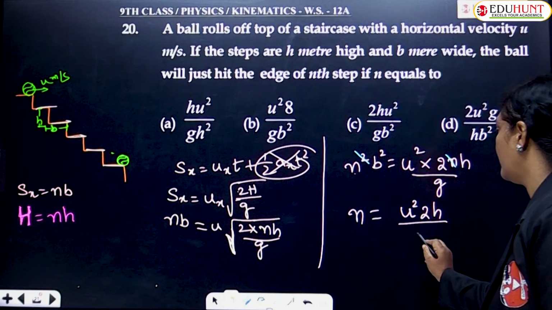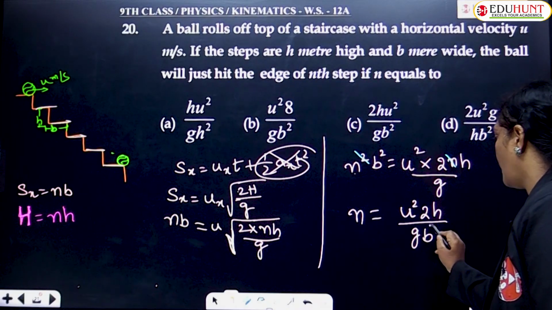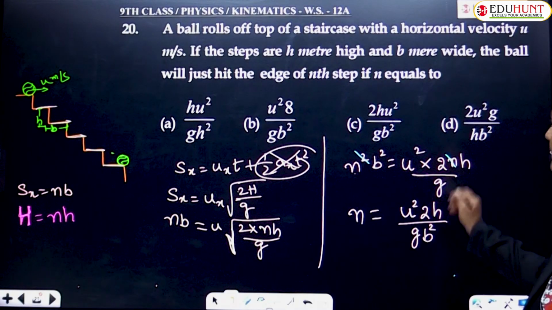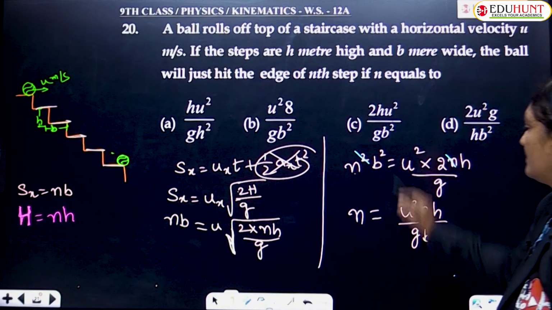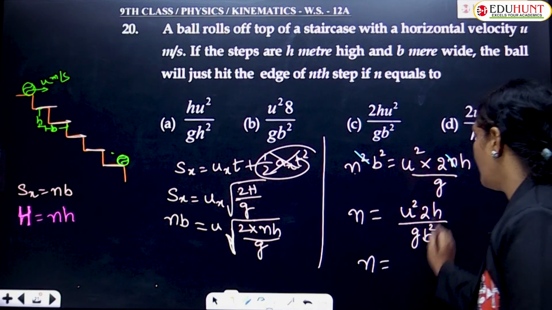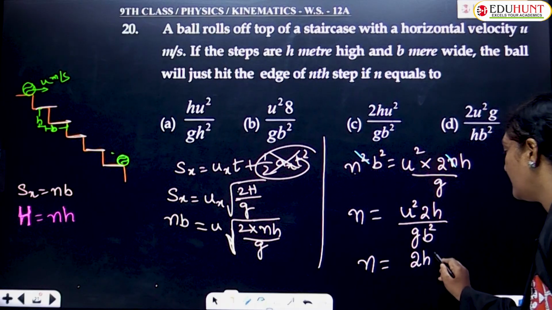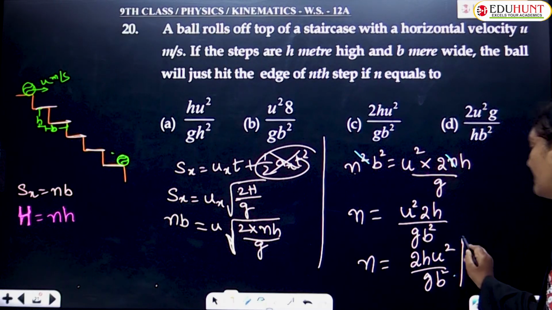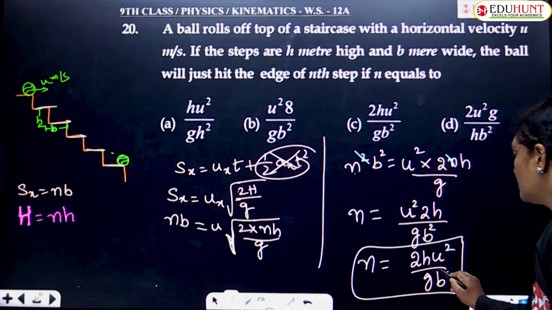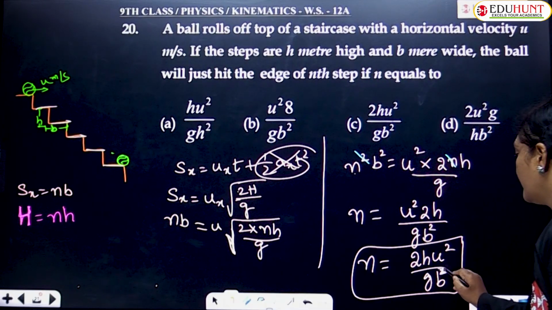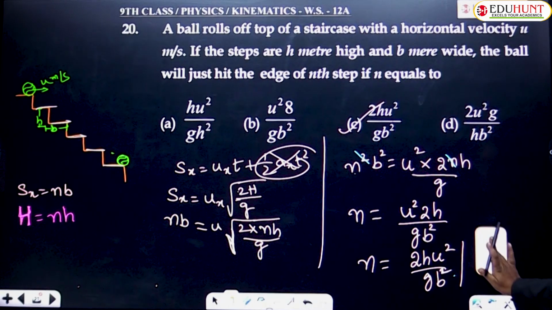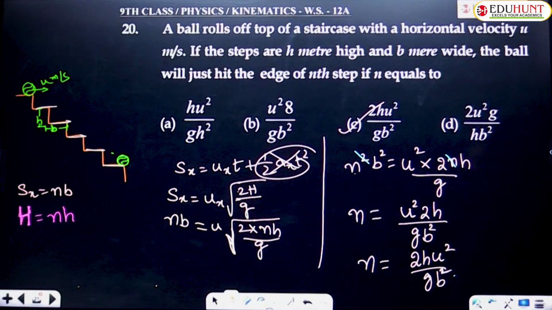Bring g downward, then you get gb square. So n is found to be 2h u square by g b square. So the value of n is 2hu square by gb square. Hence the correct option must be option C, that is 2hu square by gb square.